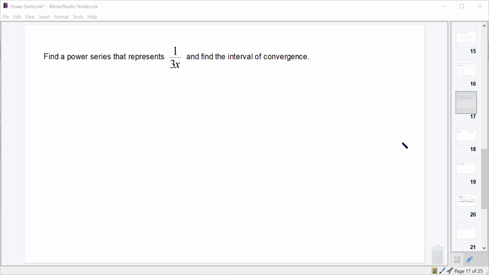All right, let's see if we can do this one. Let's see if we can find a power series representation of 1 over 3x, and then figure out what the interval of convergence is for it. So we need to be able to rewrite 1 over 3x as 1 over 1 minus something. And what should that something be?